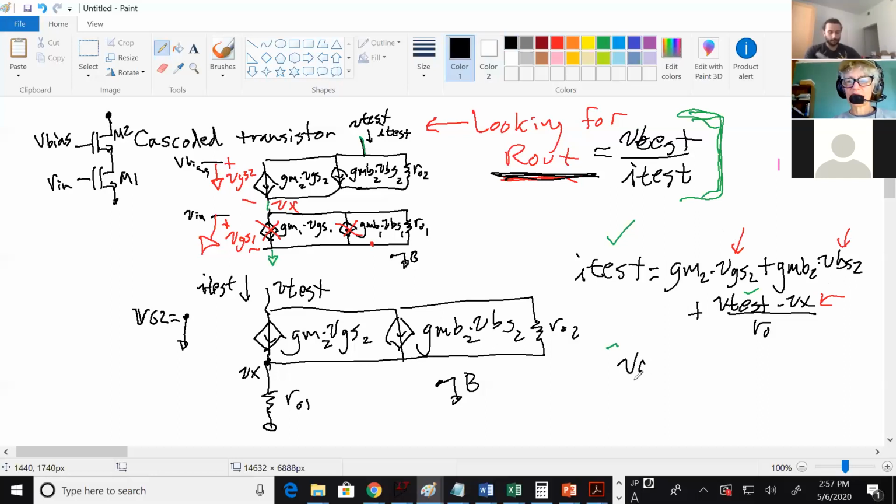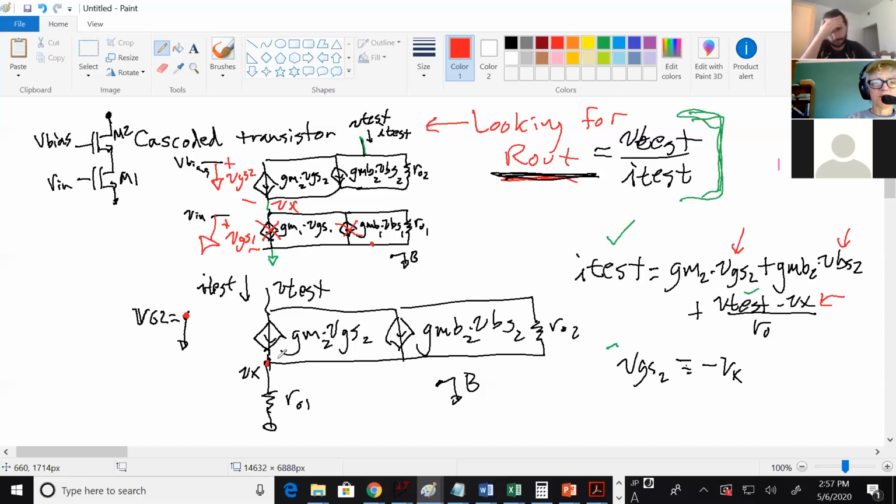So VGS2, what did you say it was? Negative Vx. VGS2 goes from this node to this node.